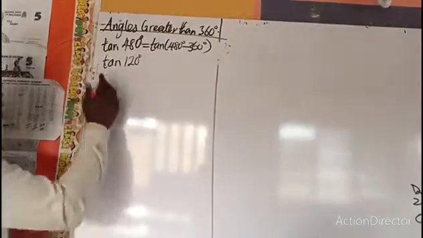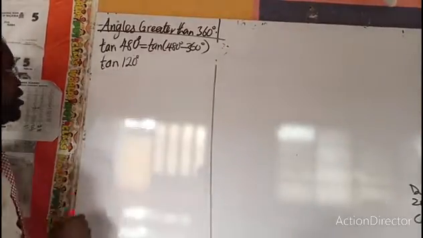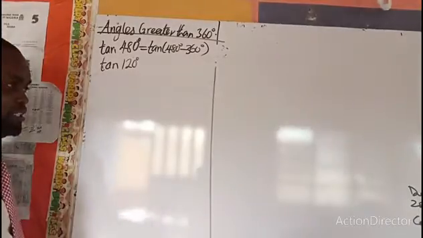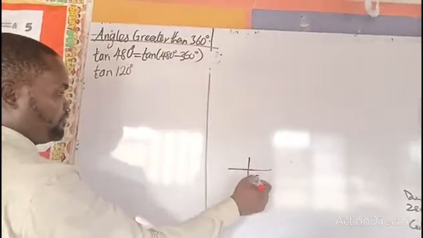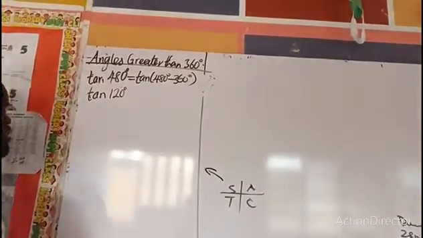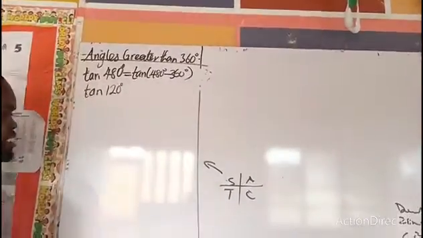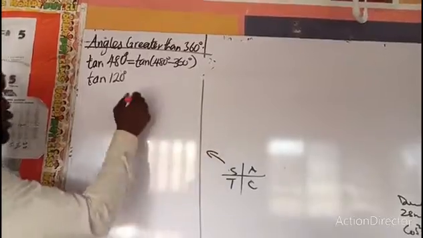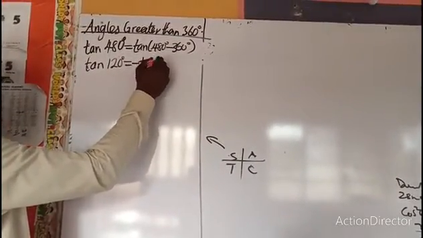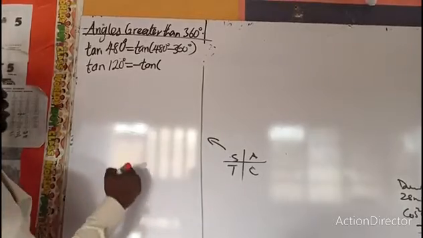So we can now solve it as we have been doing before. We check what quadrant 120 degrees falls in. That should be the second quadrant. In the second quadrant, which one is positive? Only sine is positive. So that means tan is negative, so I say minus tan. How do we solve the second quadrant?